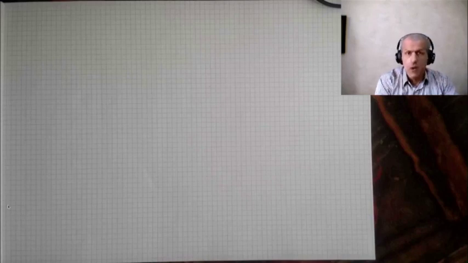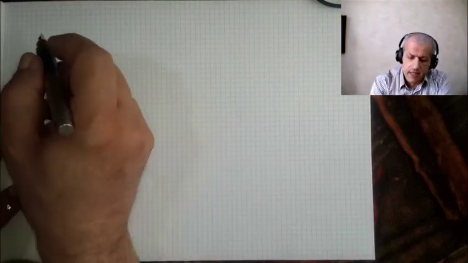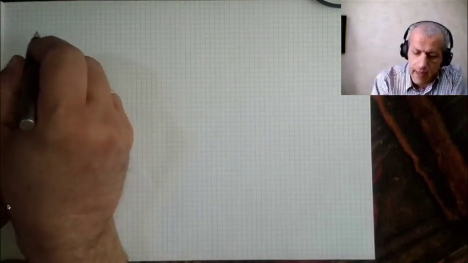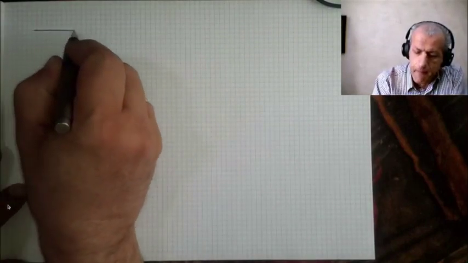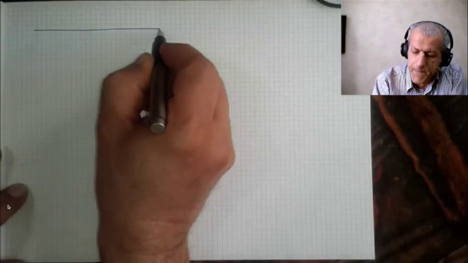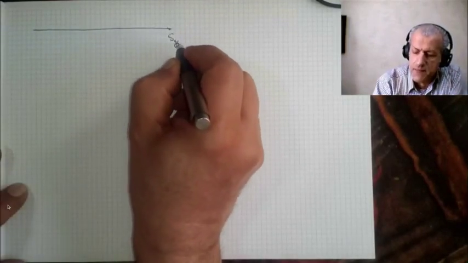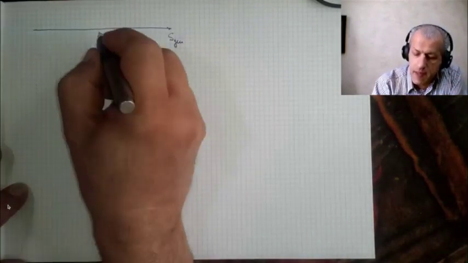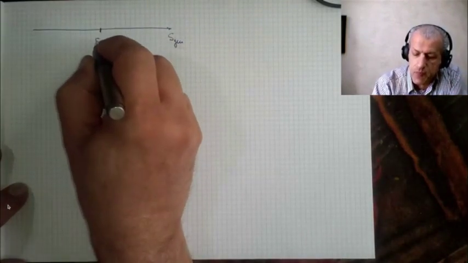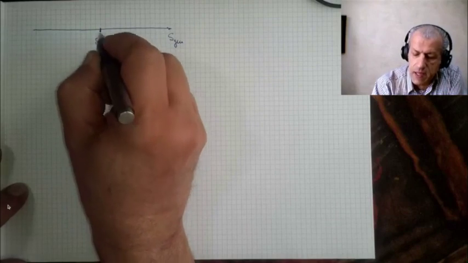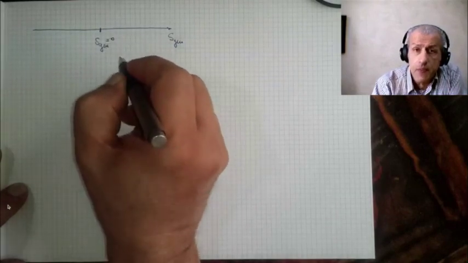Now, what we said was that if we draw an axis for Sgen, this is where Sgen equals 0.